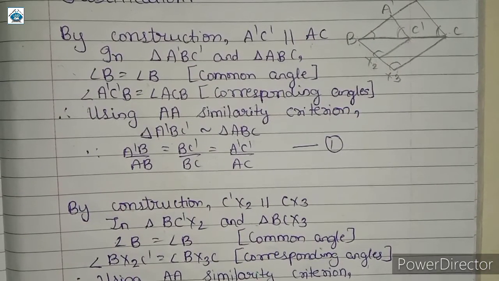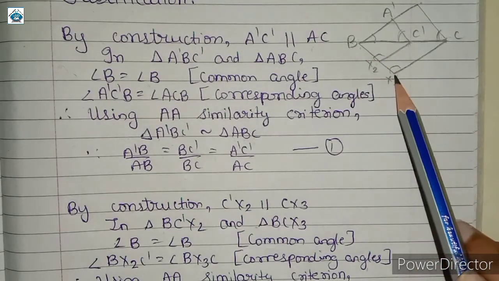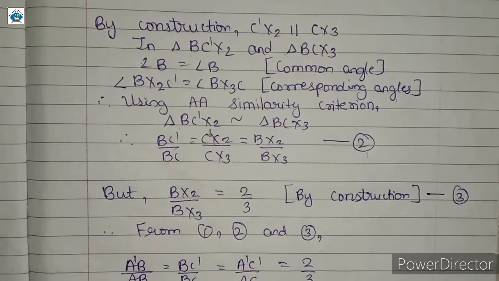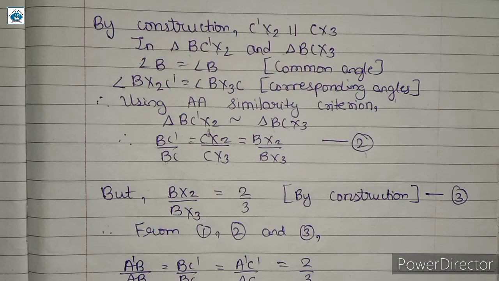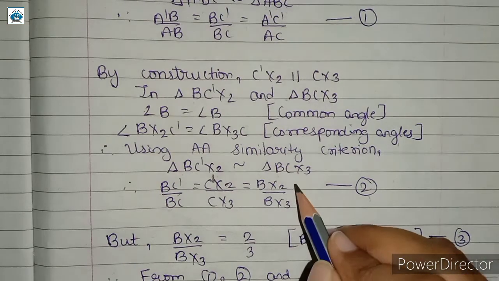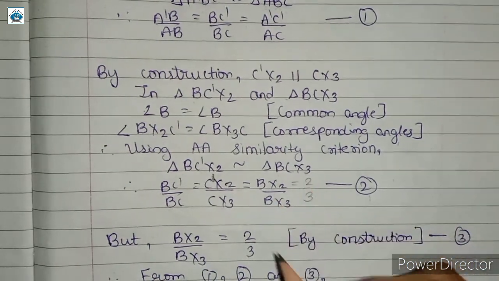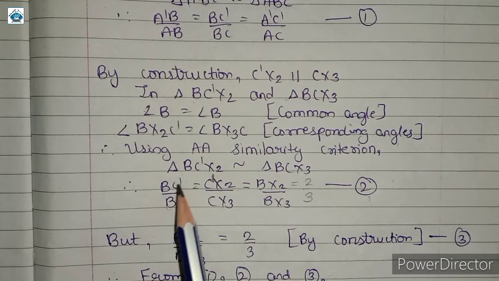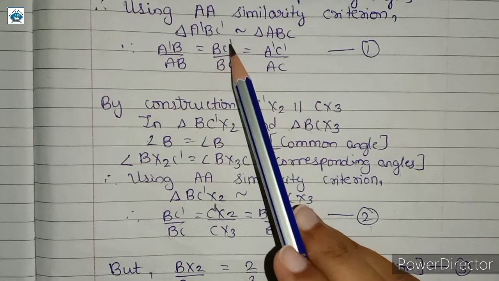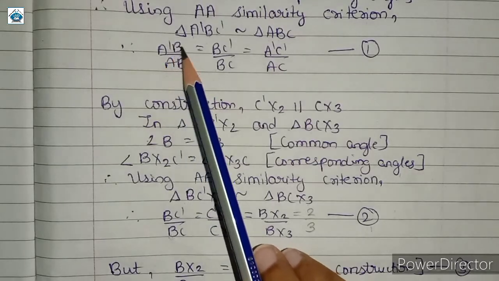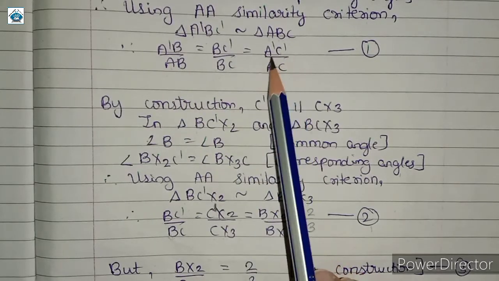Here you can see that BX2 upon BX3 is equal to 2 by 3, because we constructed it in such a way that it is equal to 2 by 3. So from 1, 2 and 3 we can say that BC dash upon BC is equal to 2 by 3, and over here we have shown that BC dash upon BC is equal to these two sides as well, A dash B upon AB, which is equal to A dash C dash upon AC.